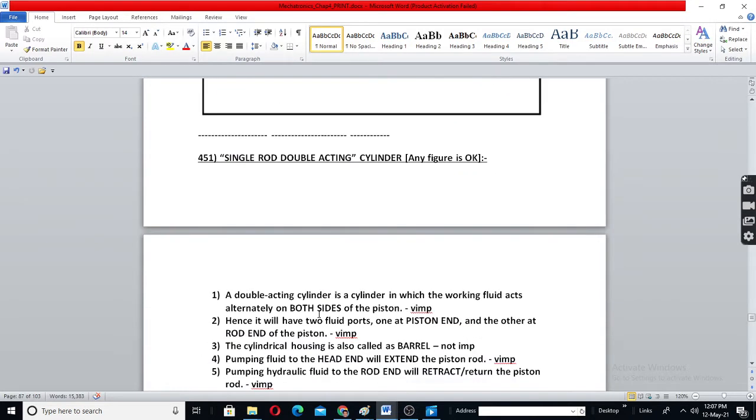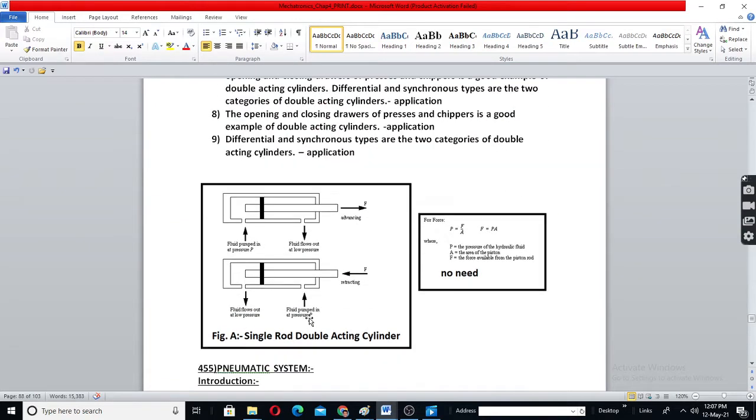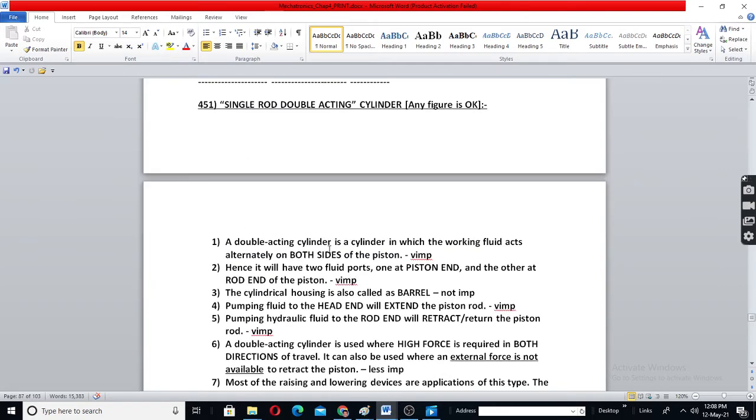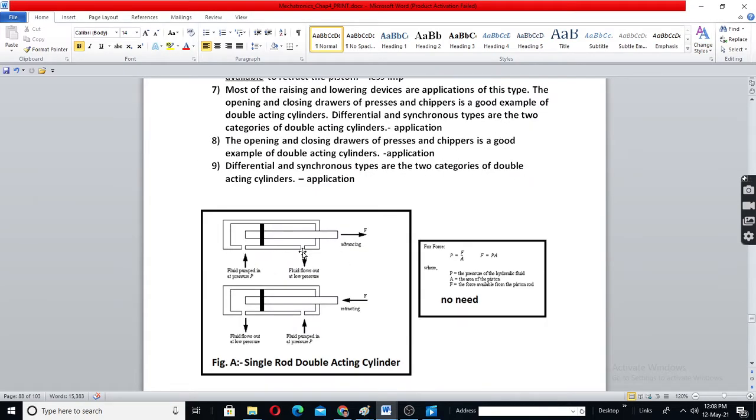Next we have single rod, double acting. Single rod. Rod is only one, but double acting. Here instead of spring, okay, here you have spring and fluid pressure. Here at both sides you have fluid pressure. If fluid is pumped in the left port, you will see advancing in this side.